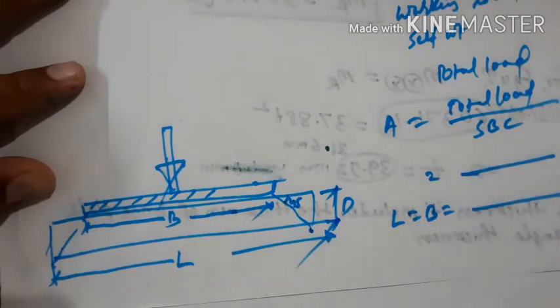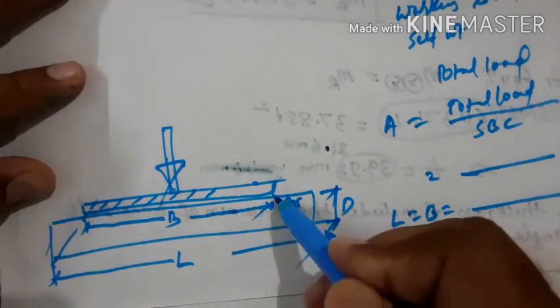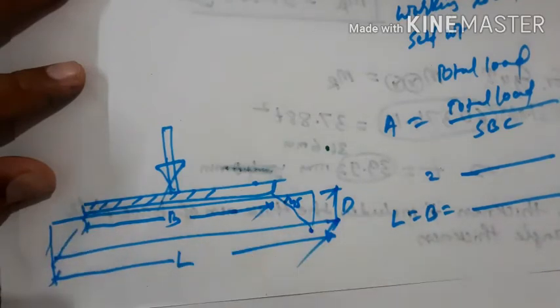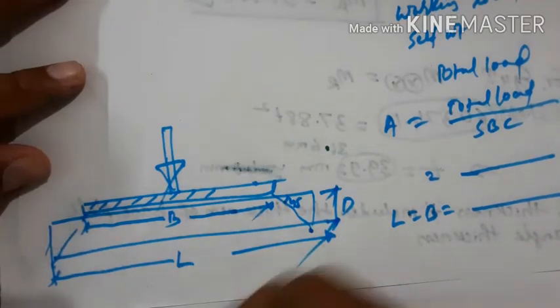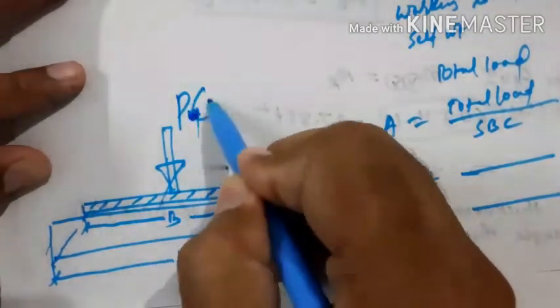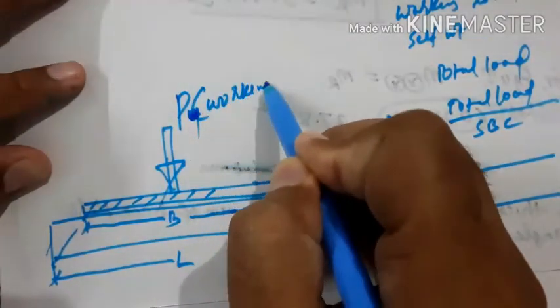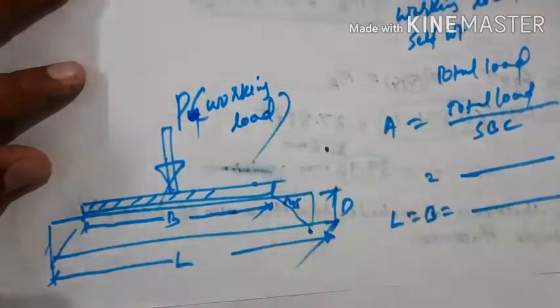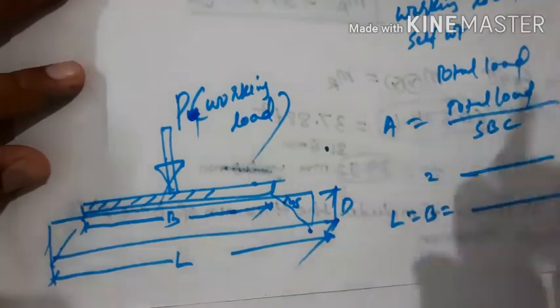Then whatever the area required, we assume a square concrete pedestal, so length equals breadth. Then for calculation of depth of pedestal, we assume the load dispersing at an angle of 45 degrees. Sorry, this is to be taken as the working load. I hope you understood this one.